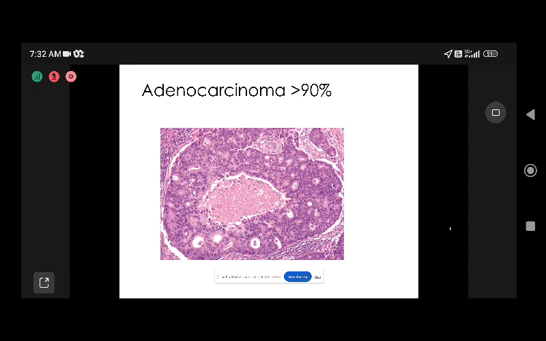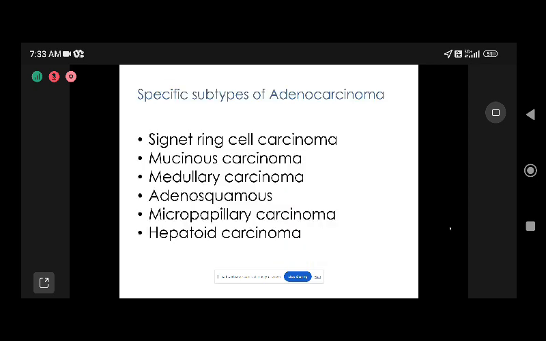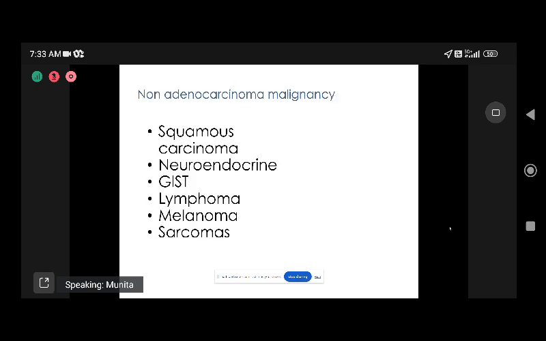In more than 90% of the times, the malignancy is adenocarcinoma, which is the conventional type, but not infrequently, we also get specific histologic subtypes, which could be signet ring cell carcinoma, mucinous carcinoma, medullary carcinoma, adenosquamous, and rare variants like micropapillary or hepatoid. These are much more rare, but they generally tend to be more aggressive than the conventional adenocarcinomas.